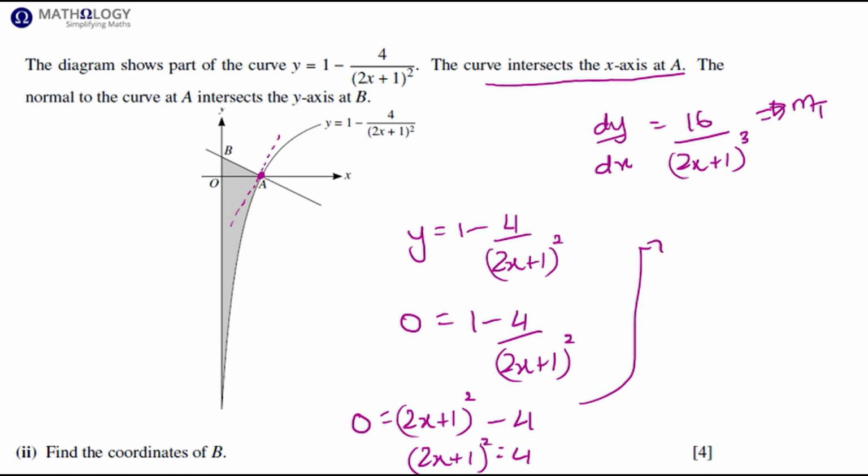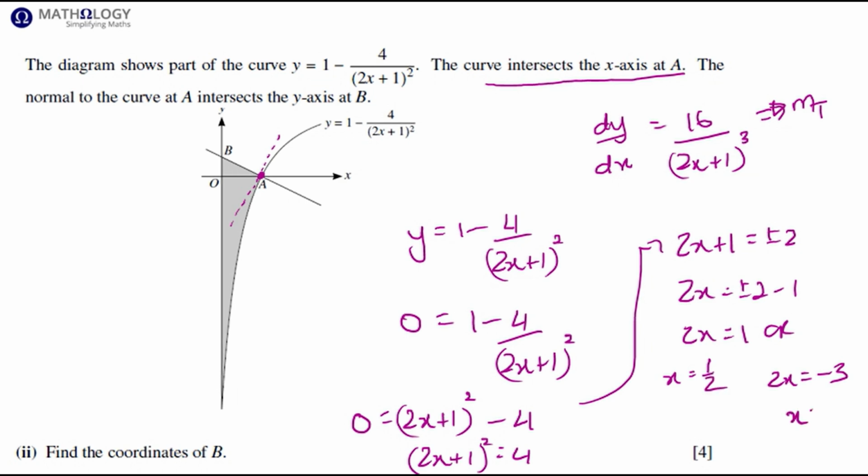That means that 2x plus 1 equals plus or minus 2. We square root both sides. 2x is plus or minus 2 minus 1. So 2x equals 1, or 2x equals minus 3. x equals a half, or x equals minus 3 over 2. Minus 3 over 2 is not applicable because A lies on the positive x-axis, so A is the point (a half, 0).